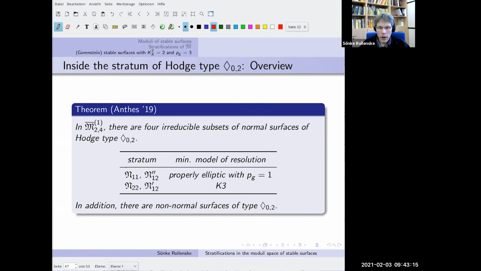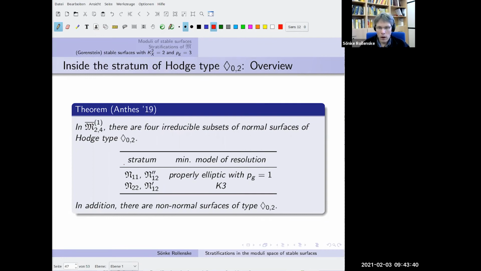So the first one, N11 and N22, they differ by, the first one has 2 elliptic singularities of degree 1, the second one 2 elliptic of degree 2. So they are somehow distinguished by this. And then the second column, we have N12 prime and double prime. So it has 1 elliptic of degree 1 and 1 elliptic of degree 2.